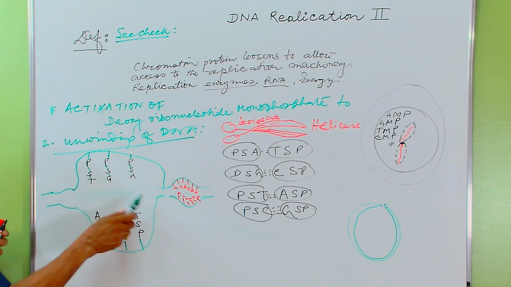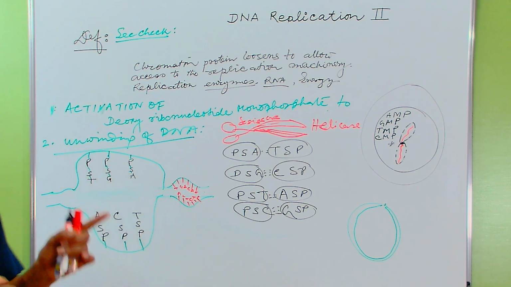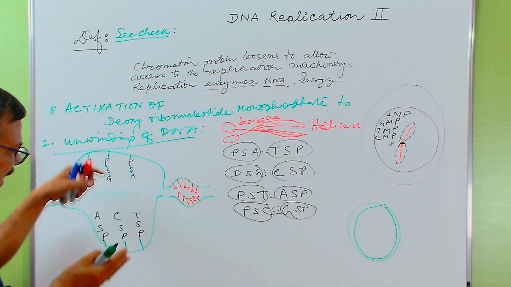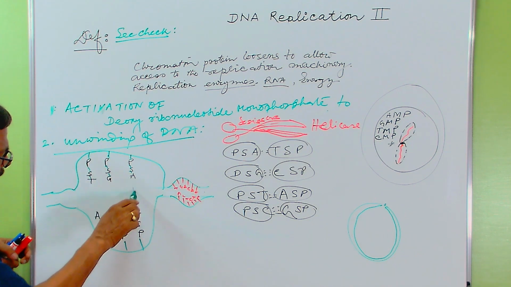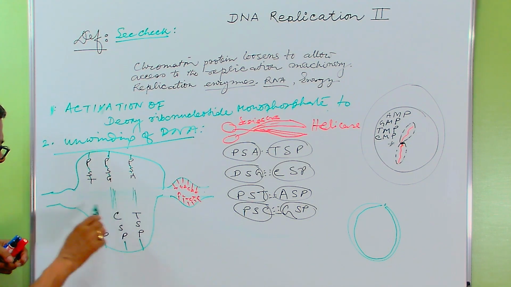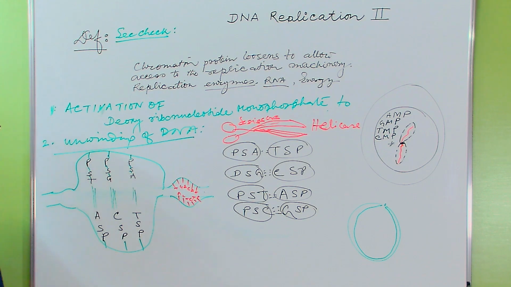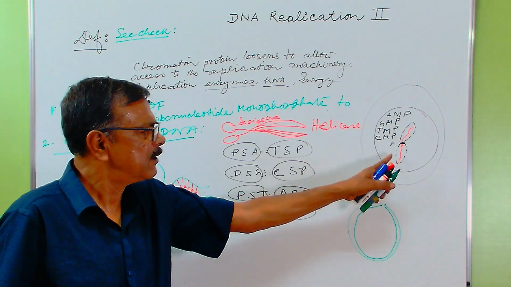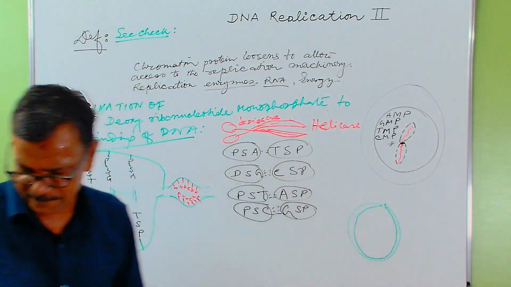So if we cut this now, after some time we will see that they will make new bonds. They will make new bonds. So my purpose will not be served, because I have set out to replicate it.